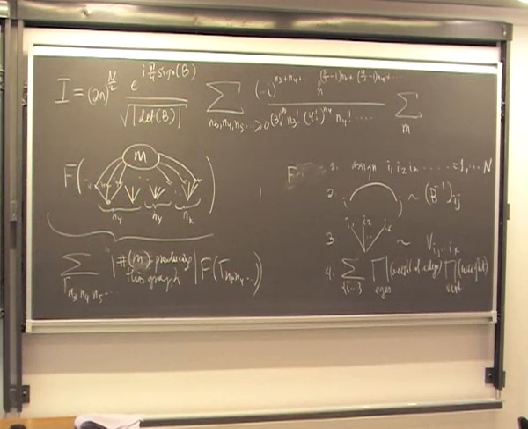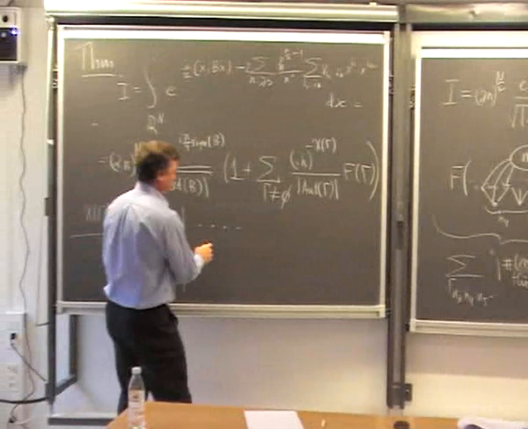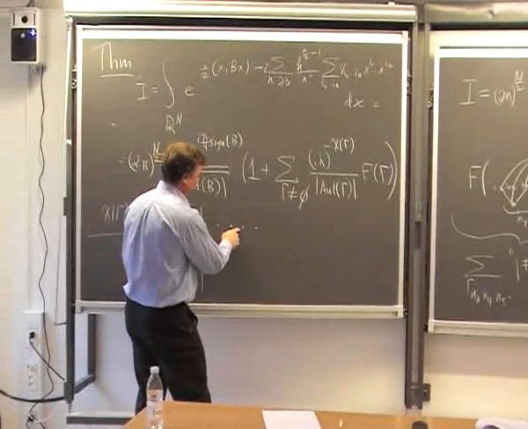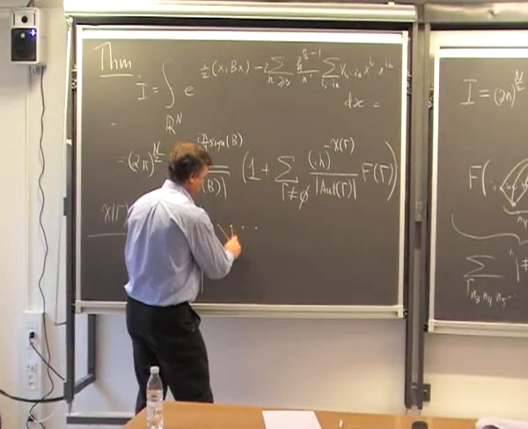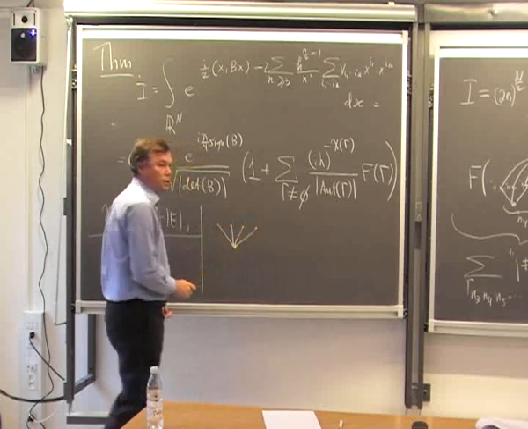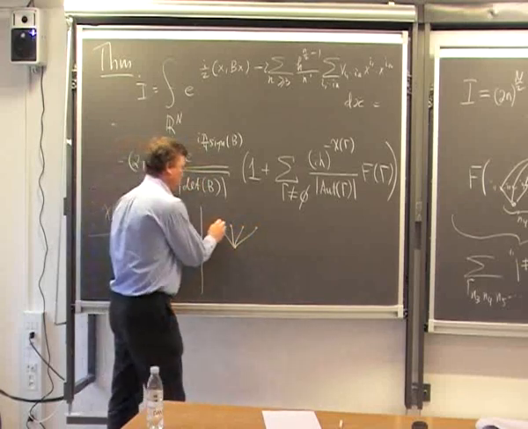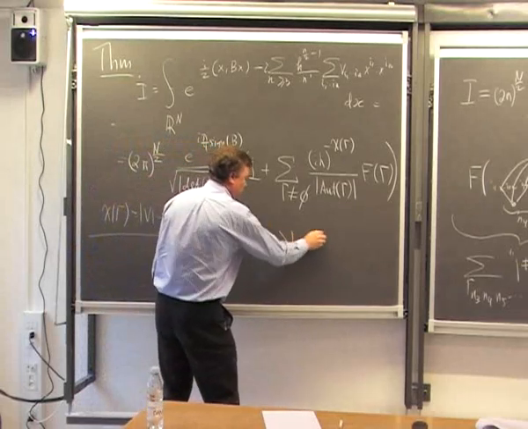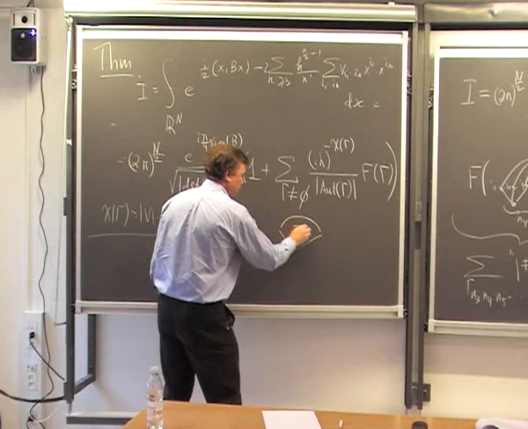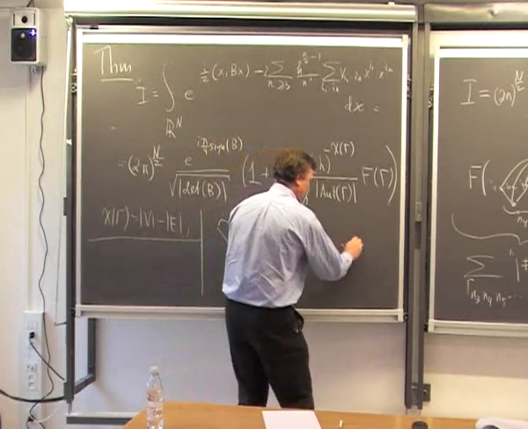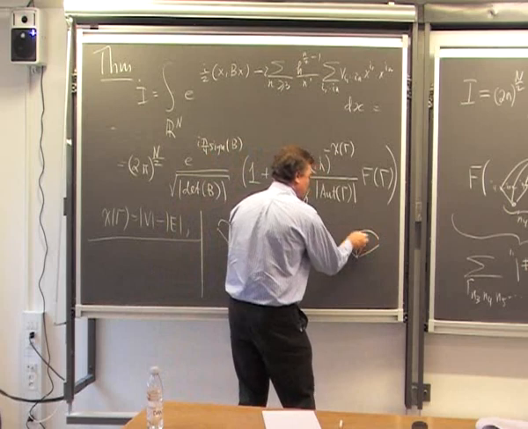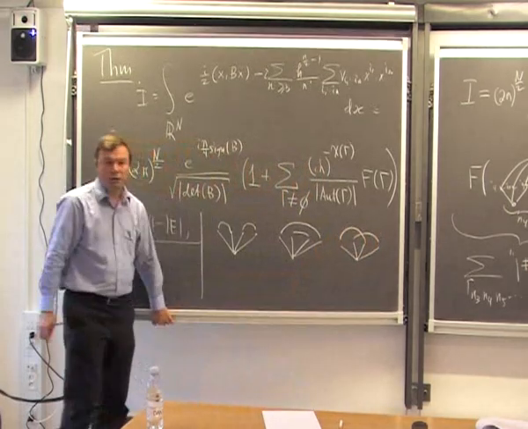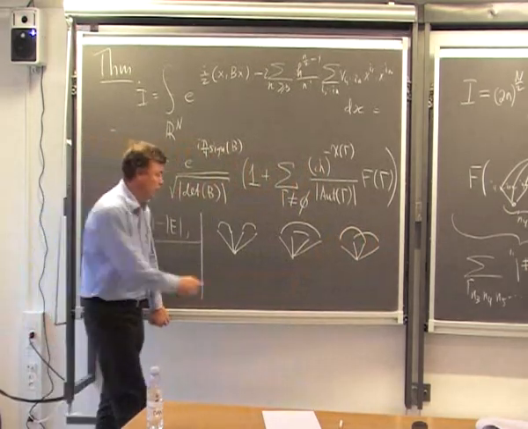Let's look at three. This is the simplest example. You have a perfect matching like this, a perfect matching like this, and a perfect matching like this. All three of them give the same graph.